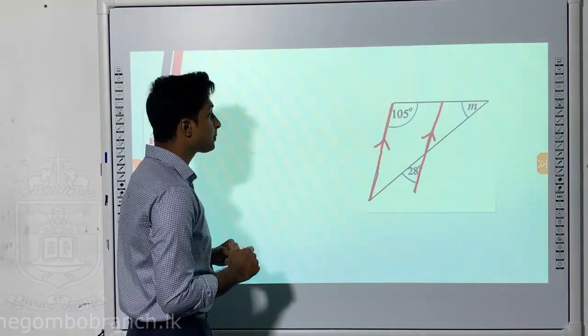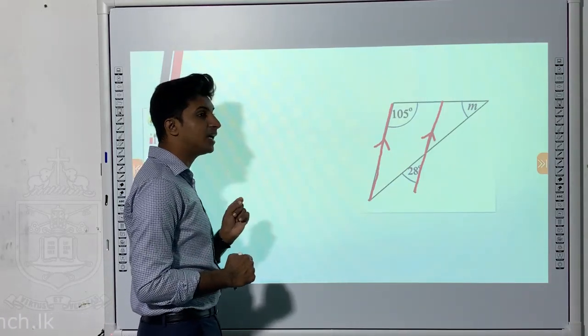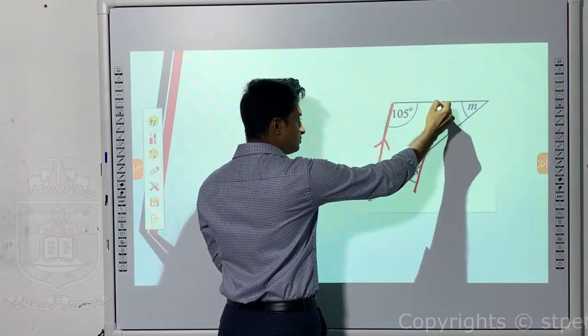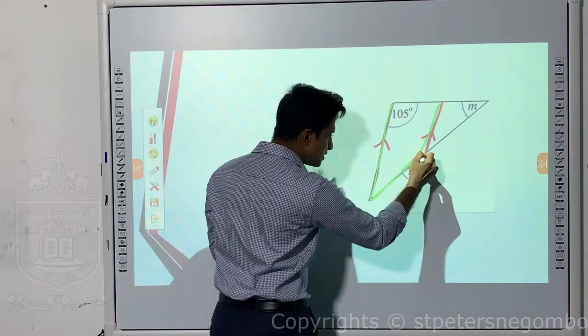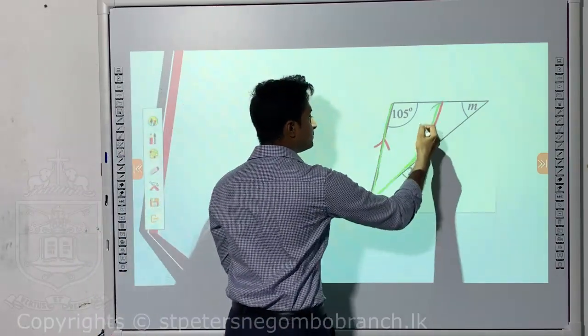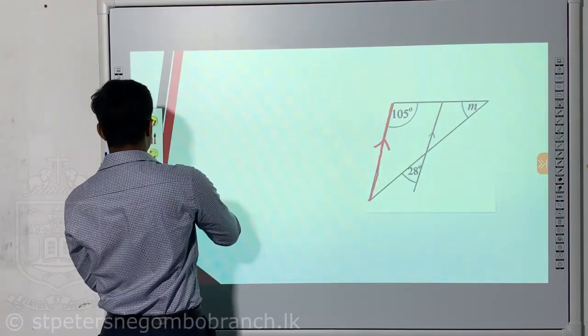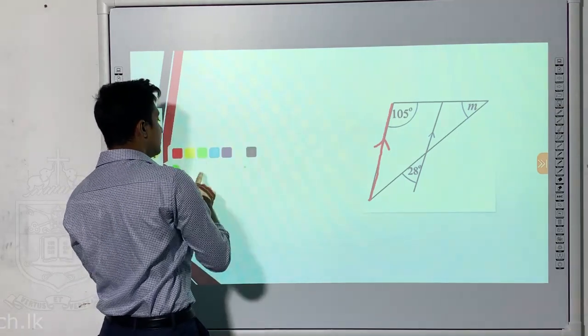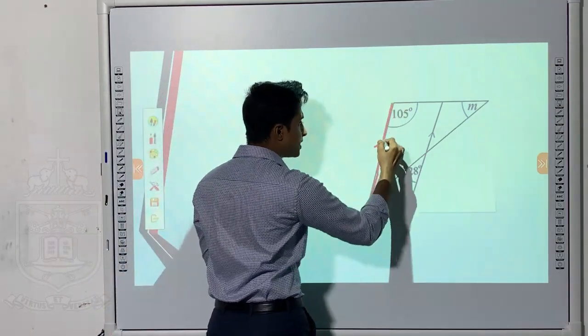So now see, I can see an alternate angle here. Okay, so this is the alternate angle, right? I will show you the alternate angle again. Yeah, this is the alternate angle.